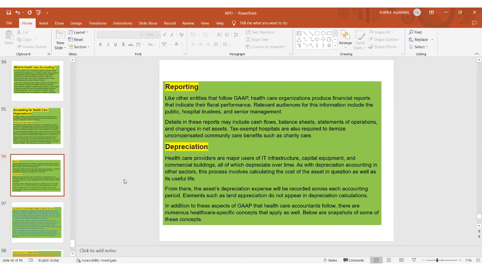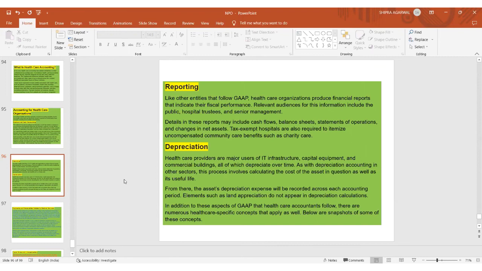But you have to see that the high-tech IT infrastructure depreciates more quickly as compared to others like your building and all. So accordingly, you have to consider all the things related to depreciation, because there are numerous assets that you'll be using in the business which will require depreciation.